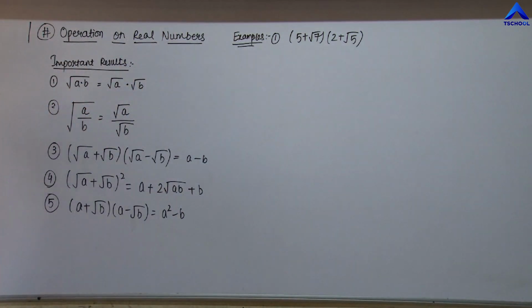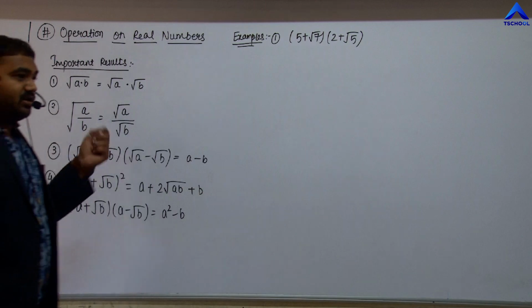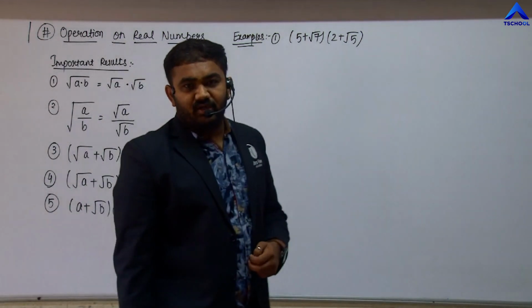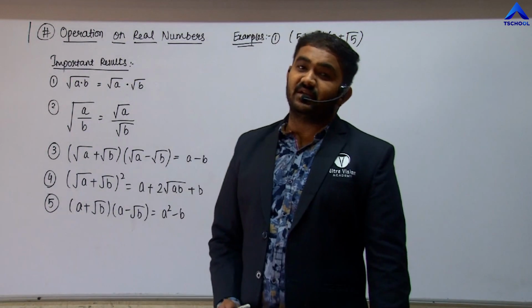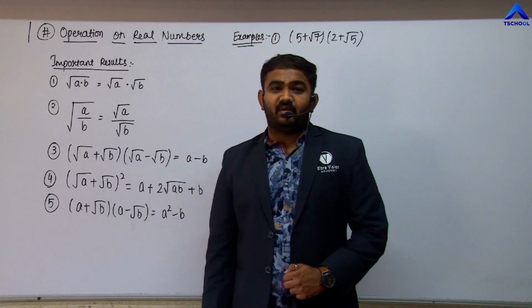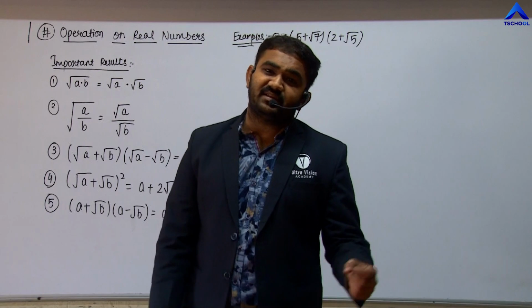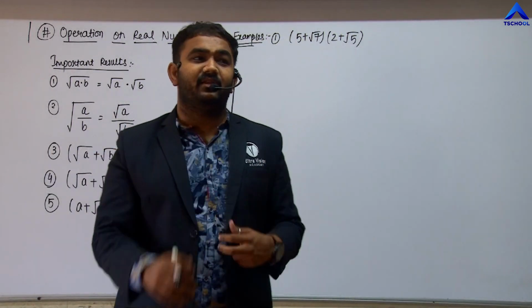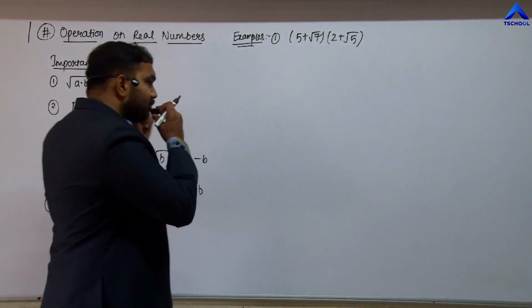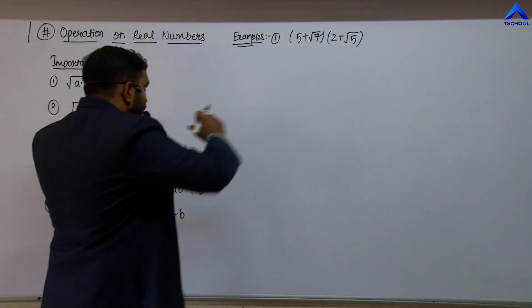Okay, so that is the kind of example where we now have to multiply the terms here, because that is not any of these important results, but this kind of sum you have already studied in the previous classes, where we used to multiply the terms of two different numbers given to us.